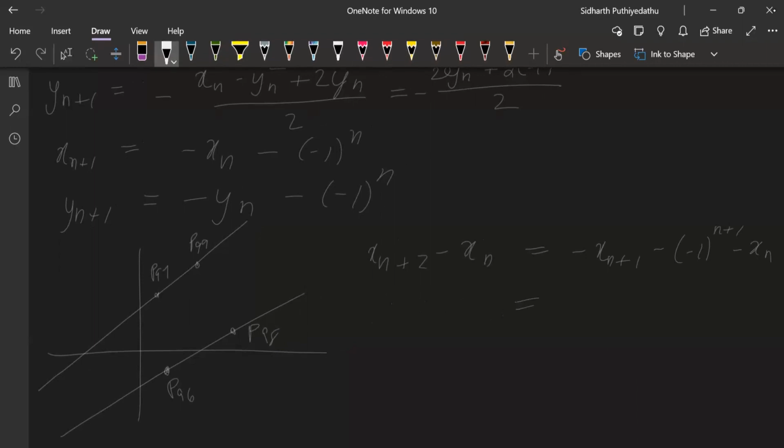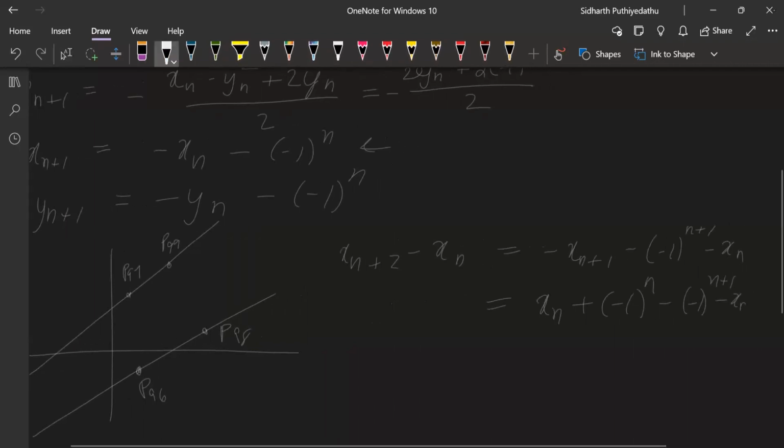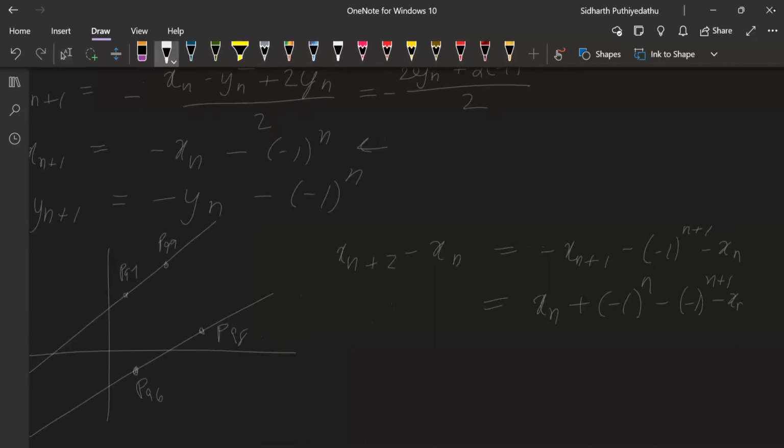And this below is equal to, writing it the other way, xn minus xn plus negative 1 to the n minus 1 to the n+1. This is just applying this equation twice to get from xn+2 to xn. And notice that these two cancel, and we get minus 1 to the n minus 1 to the n+1, which is just 2 times minus 1 to the n.